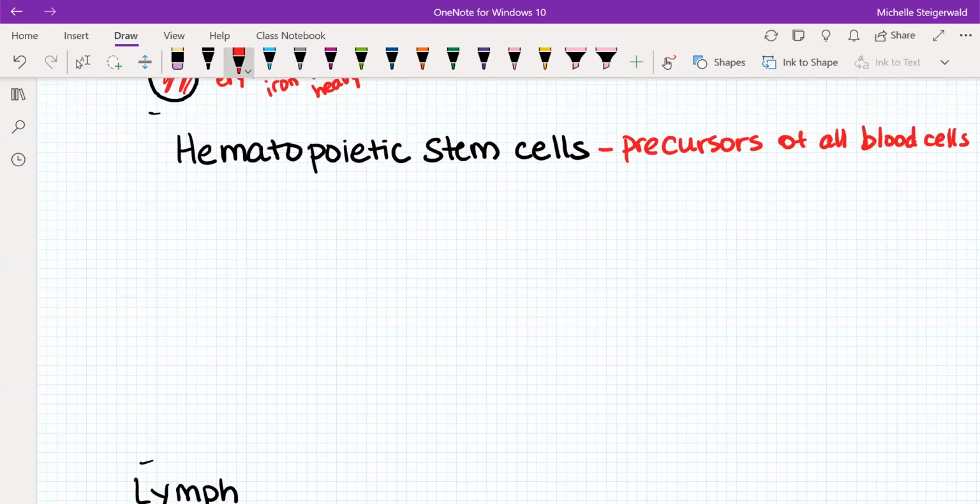The only ones we're really going to walk through are erythrocytes. So we'll talk about this erythrocyte pathway. But we can also make our leukocytes, our white blood cells.